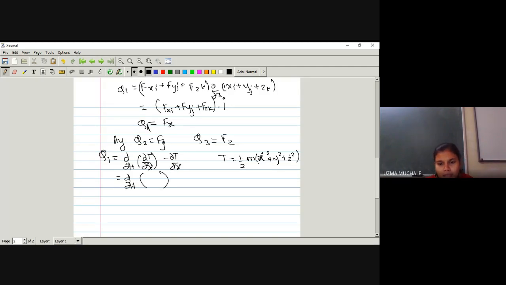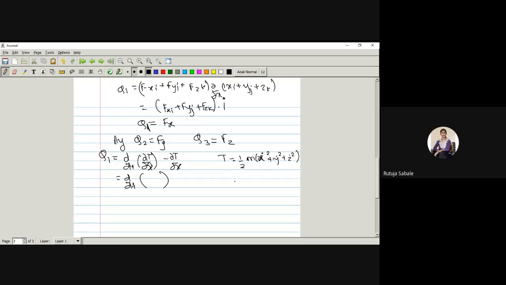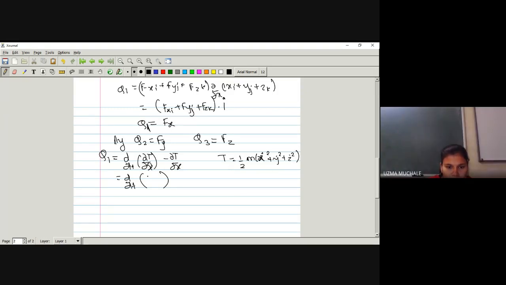T is yours. Tell me its partial derivative with respect to x dot. Does everyone get the partial derivative of T with respect to x dot? T is equal to 1 upon 2 m, and the derivative is 2 into x dot. The 1 by 2 m stays as it is, and the partial derivative of T with respect to x dot is 2 into x dot.